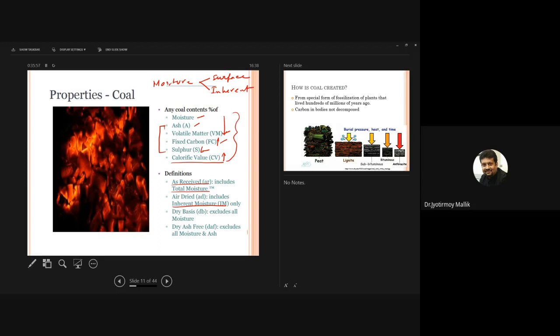What air drying does is take out the surface moisture. Whatever moisture is left within your coal is the inherent moisture, which is deep inside the coal structure, that you cannot simply remove by air drying. Air drying only removes the surface moisture. So when you say my coal is air dried and you sell it, you have removed the surface moisture, but it still contains the inherent moisture.